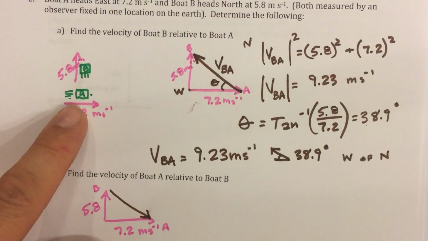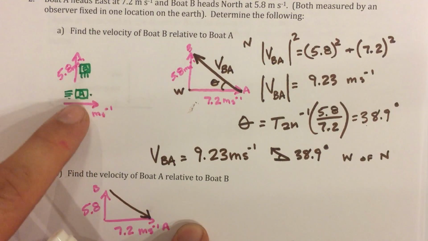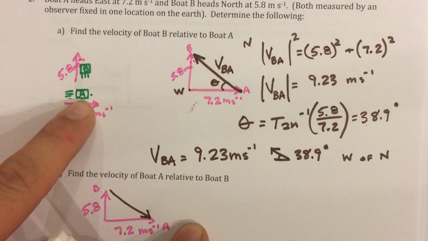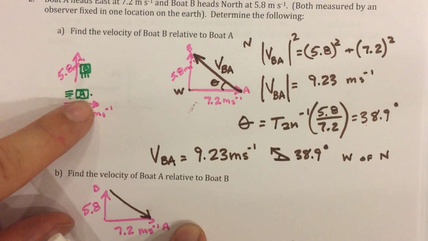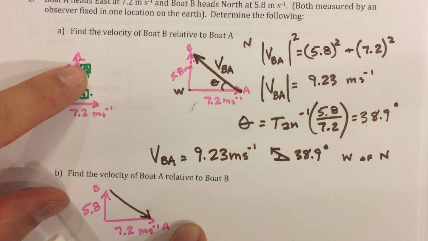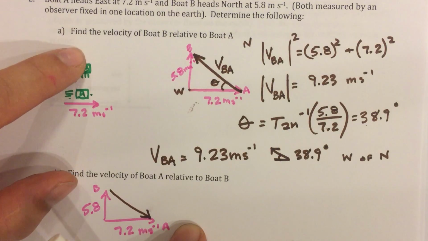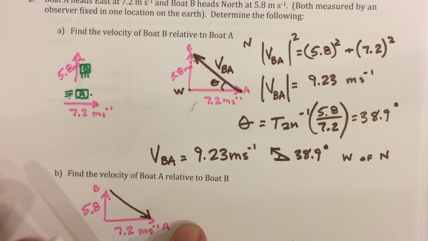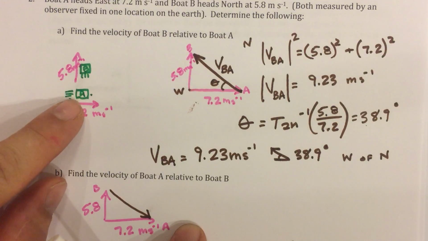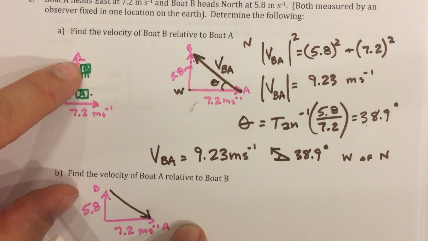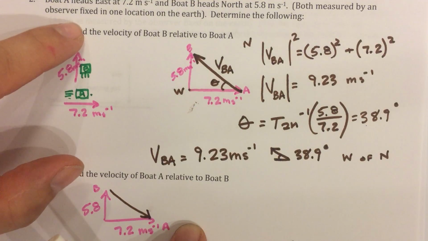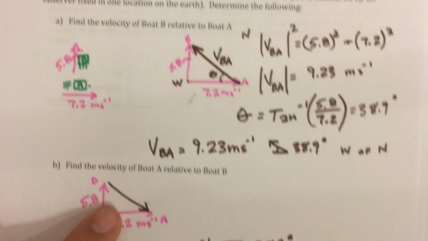So from boat B, A looks like it's going this direction, that's east. And that's due to A's velocity. And due to B's velocity of going north, you're driving away from boat A. It looks like it's also going south to you. So A's velocity makes it look like it's going east. B's velocity, the boat you're on, makes it look like it's going south. And so it's going southeast.